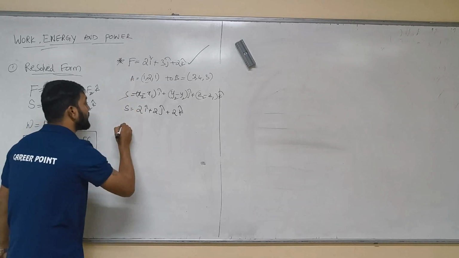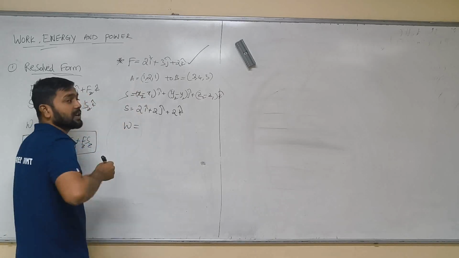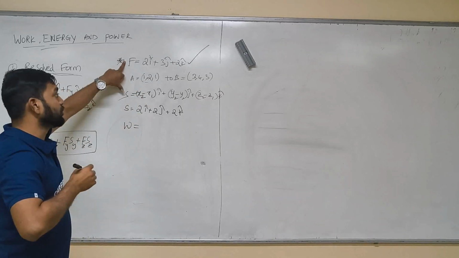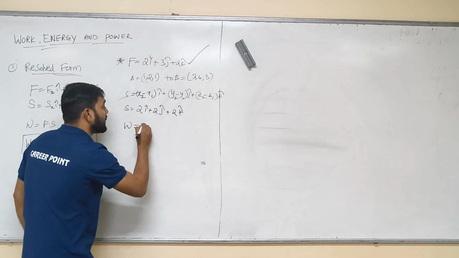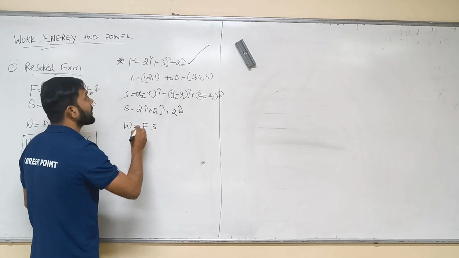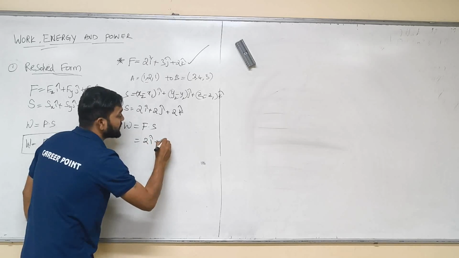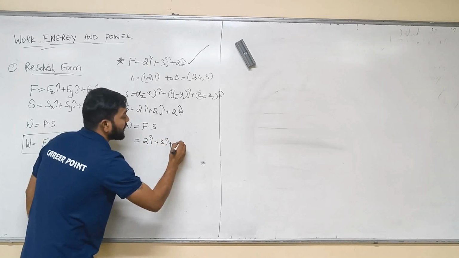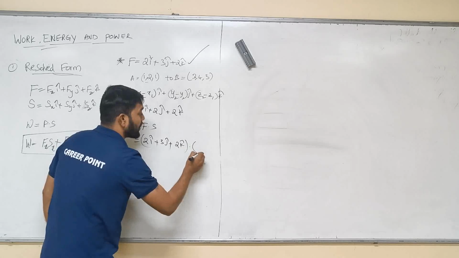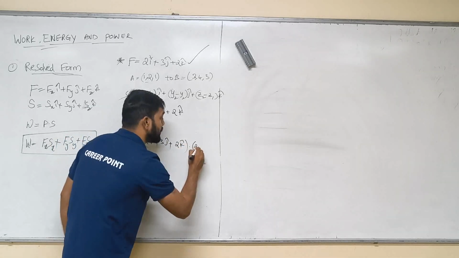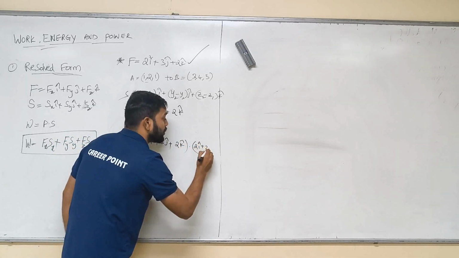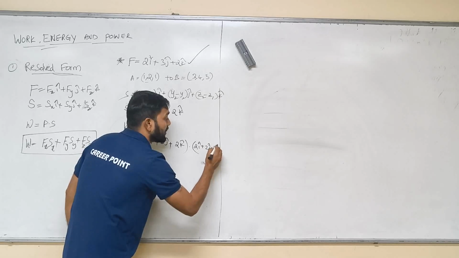So then what happens here? We know what the total work done is. That is nothing but the force into the displacement. So F dot S. This 2 i cap plus 3 j cap plus 2 k cap dot product with the displacement 2 i cap plus 2 j cap plus 2 k cap.